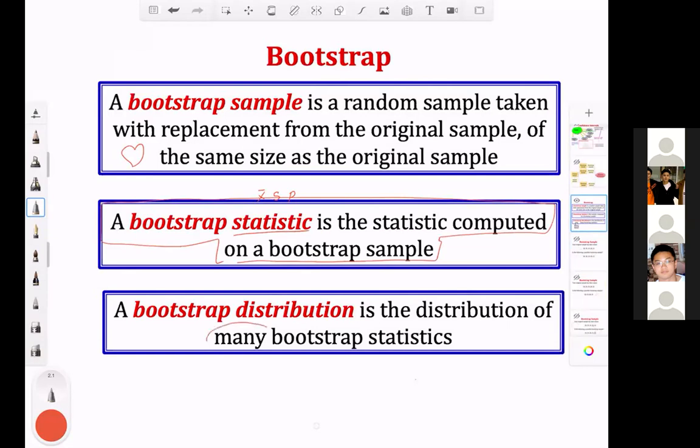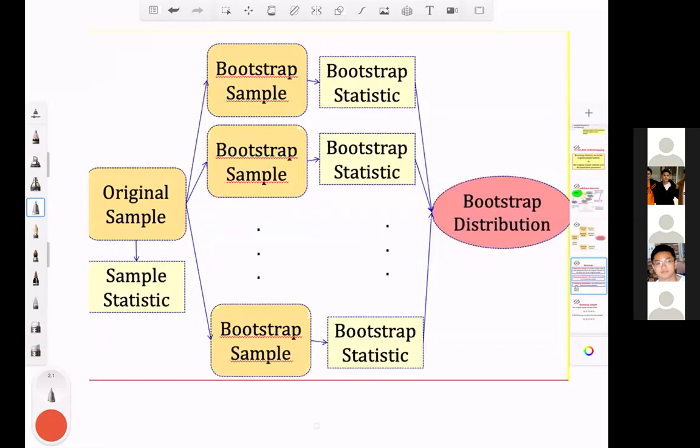Many means that in the previous example we picked 6 people; we're gonna have many of those samples to make some conclusion. Here's a better picture to view.